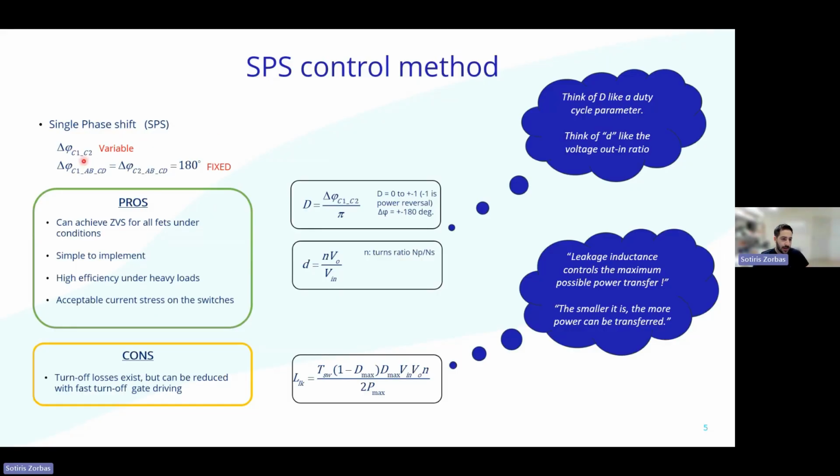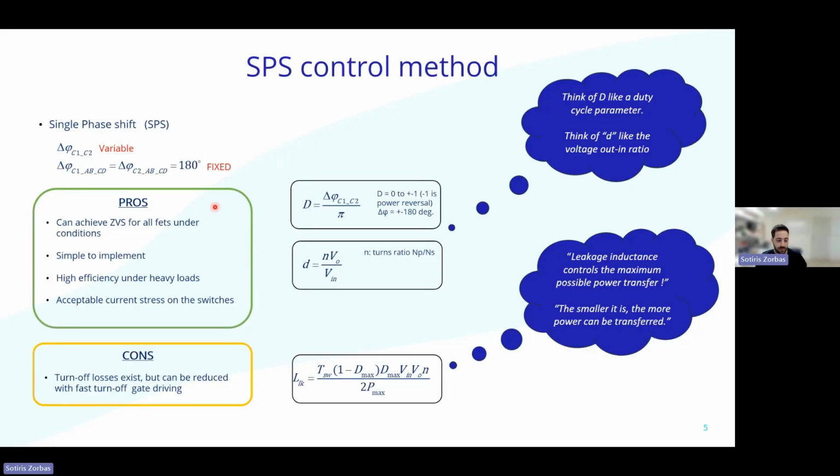All right, again, controlling C1, C2 and keeping the internal phases locked to 180 degrees. First things first, pros of this control method is that it can actually achieve zero voltage switching for all FETs under certain conditions, and this is today's topic.